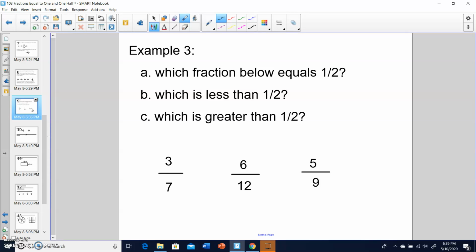Okay, so for example 3, which fraction below equals 1/2? So which is the numerator is half of the denominator. Okay, is this one, or this one equal to 1/2? Okay, so this one would be A, equal to 1/2. 6/12, 6 is half of 12, so it's equal to half.